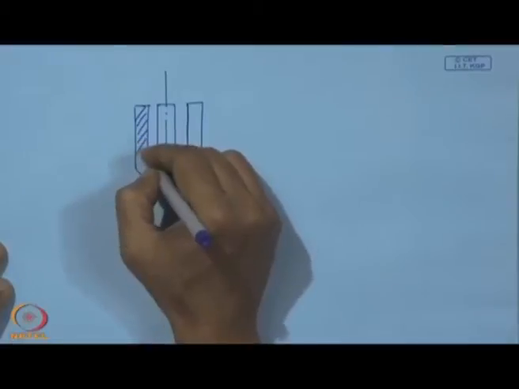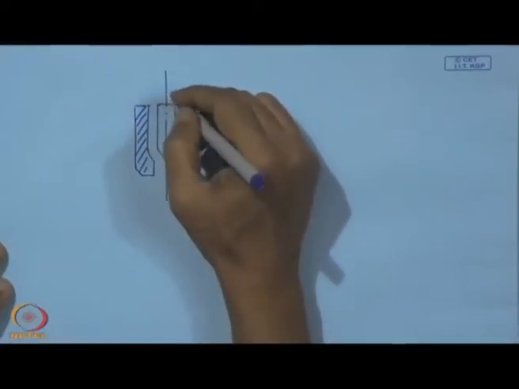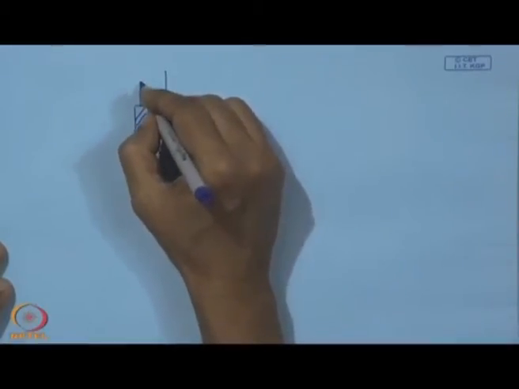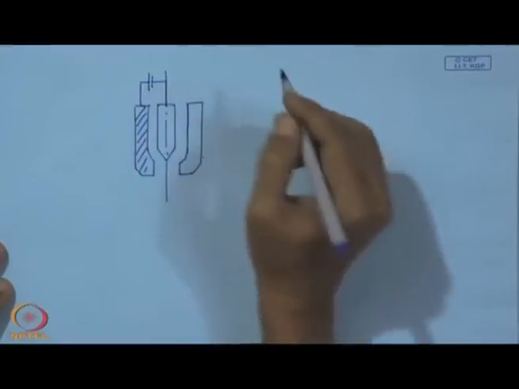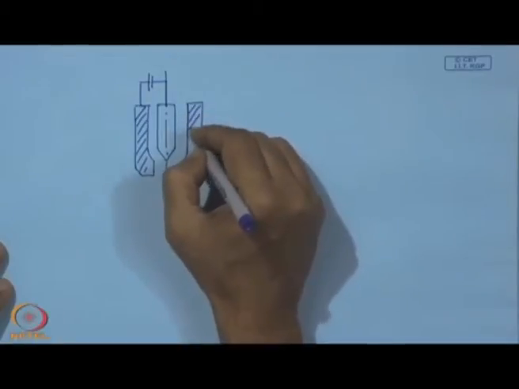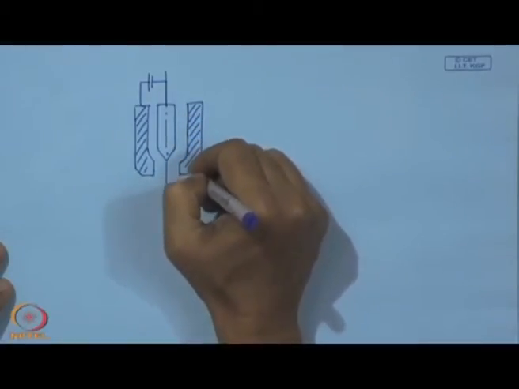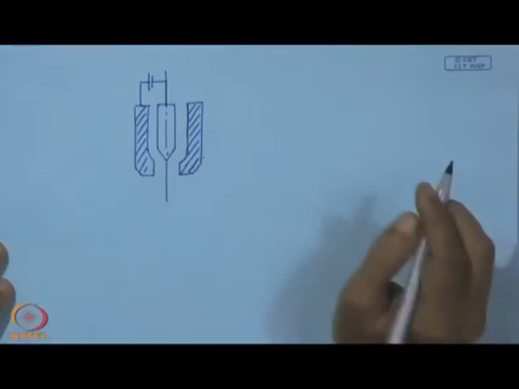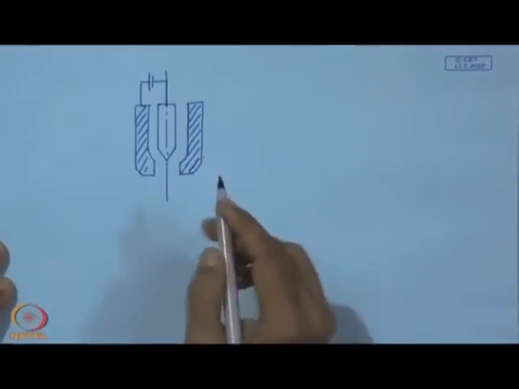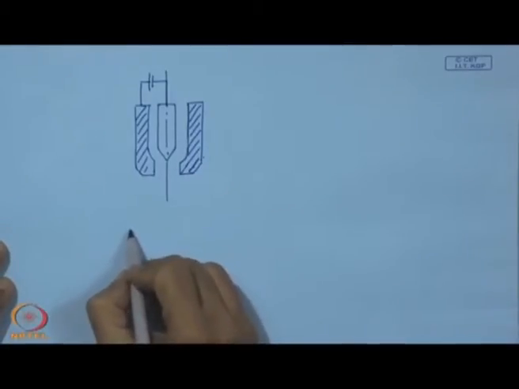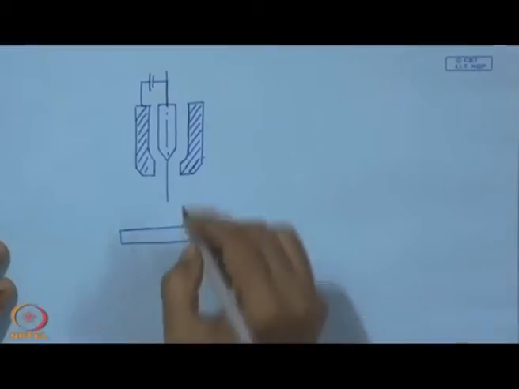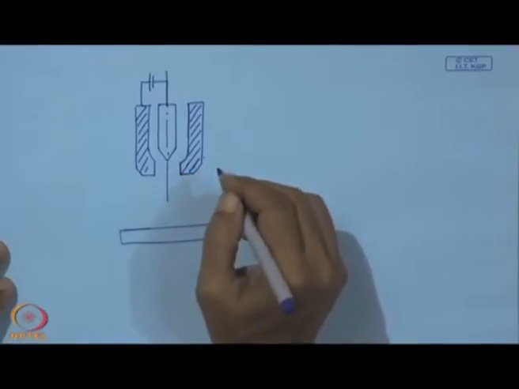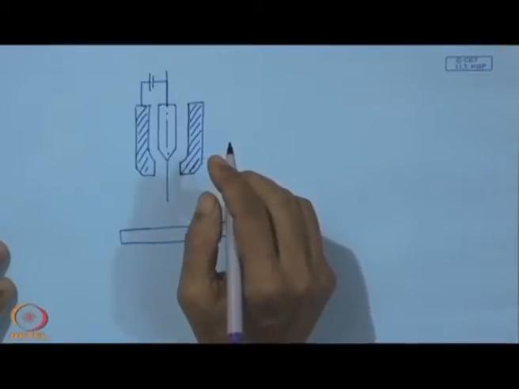This is the copper anode, and that is the tungsten cathode, and we can have this kind of connection between them. And what else we have here, we can have a substrate here, and this can be used for deposition of diamond.